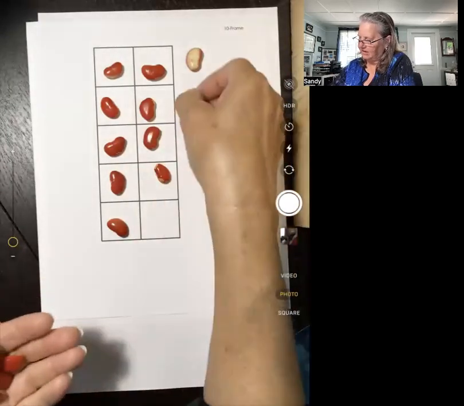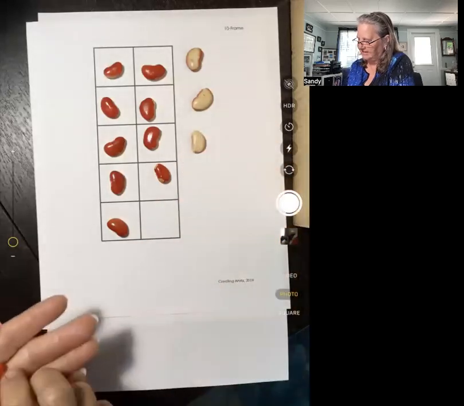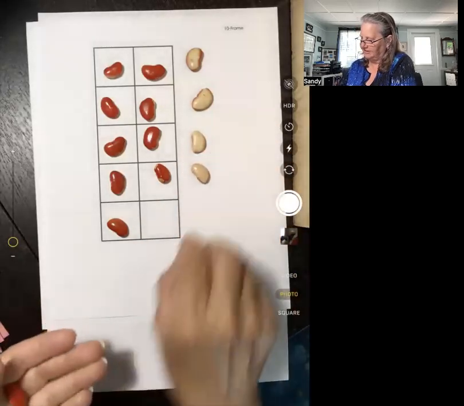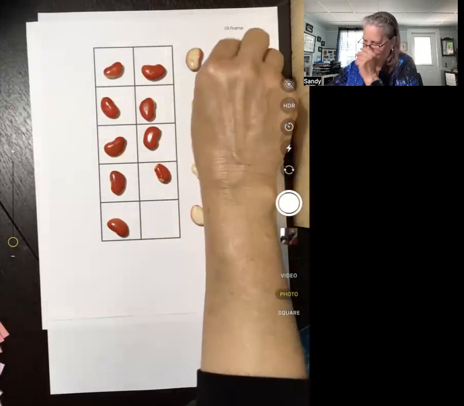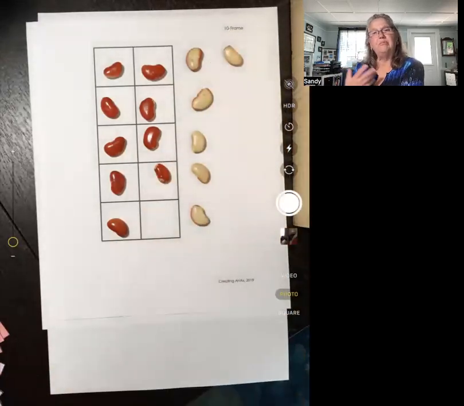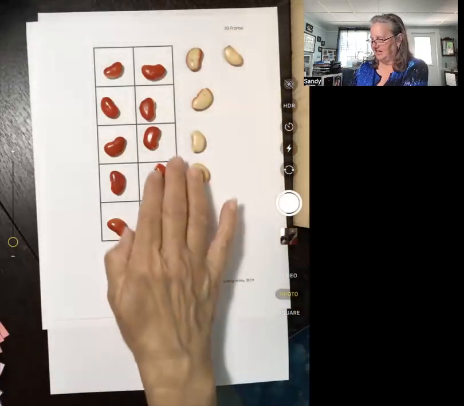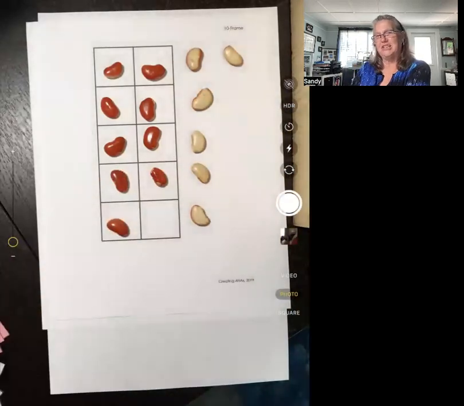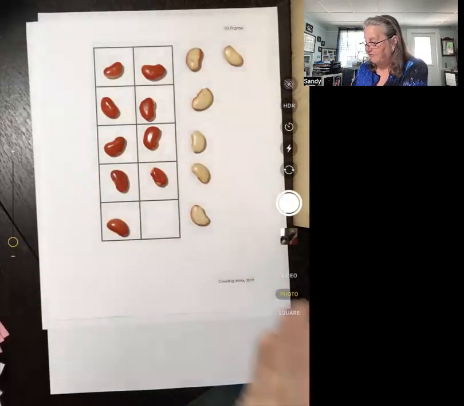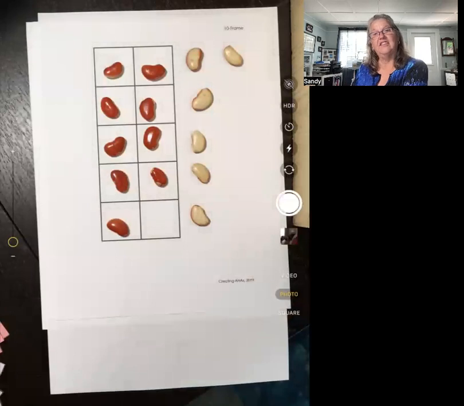Notice how I have one color on the inside and a different color on the outside. Now, if you hear the bridge to 10 strategy, it's using what we just did with the dominoes and filling, making a 10, and then the leftovers represent a teen number.